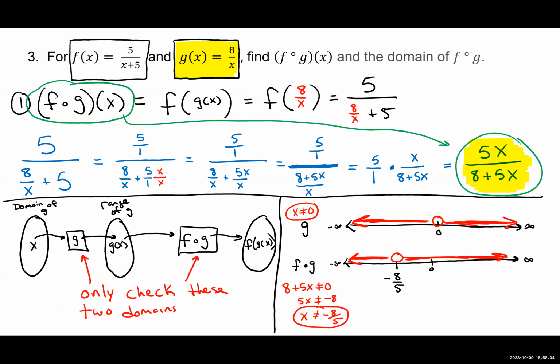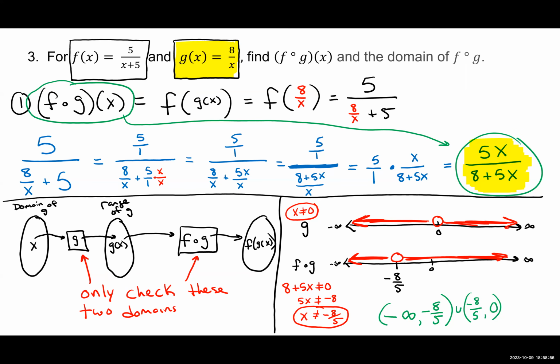So the domain would be any number from negative infinity up to negative 8 over 5, not including negative 8 over 5. We could also use any number from negative 8 over 5 to 0.